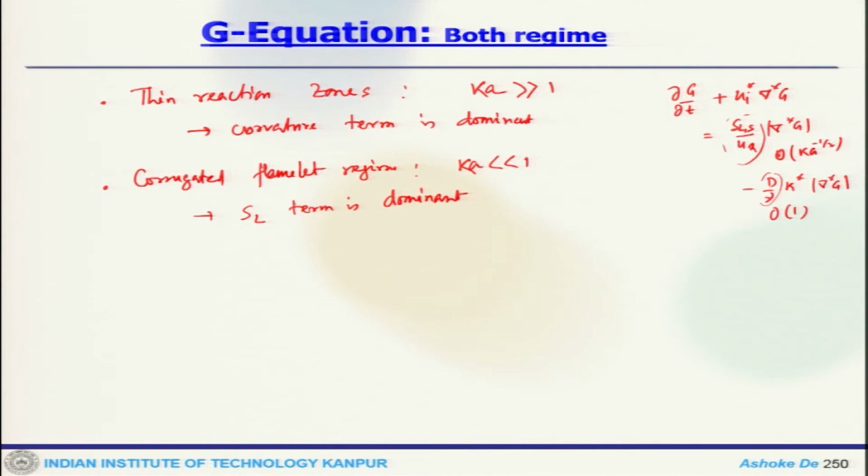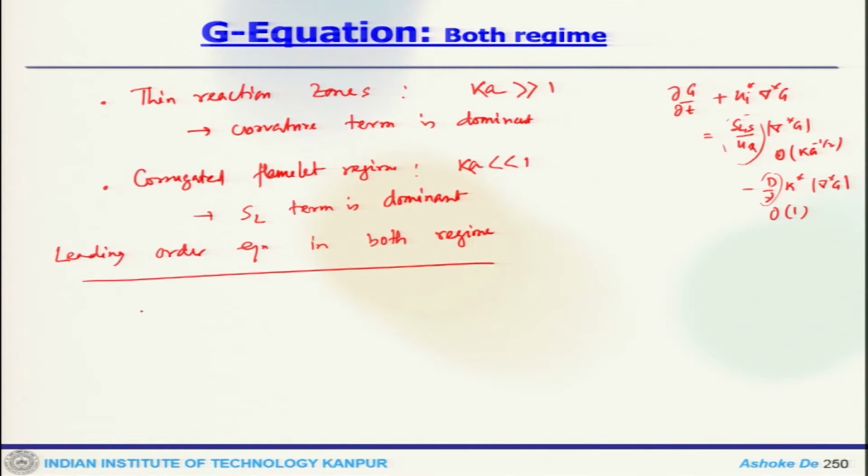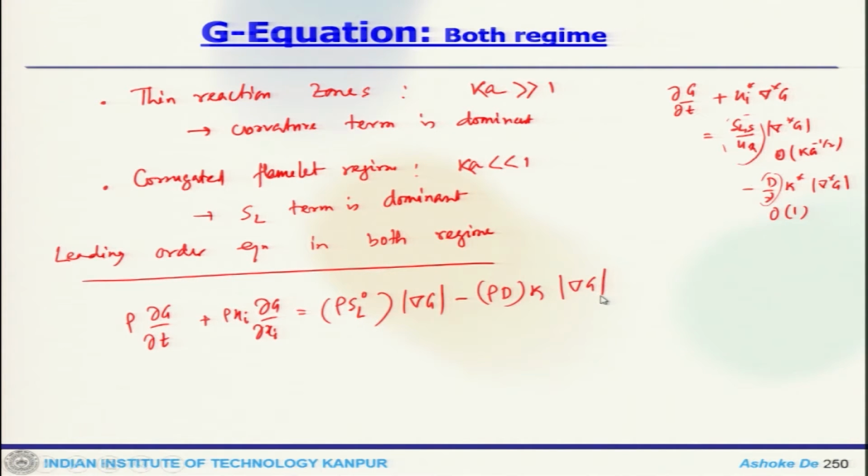So if you take the leading order equation in both regimes, you can write rho del G by del t plus rho ui del G equals rho SL0 del G minus rho d kappa del G.